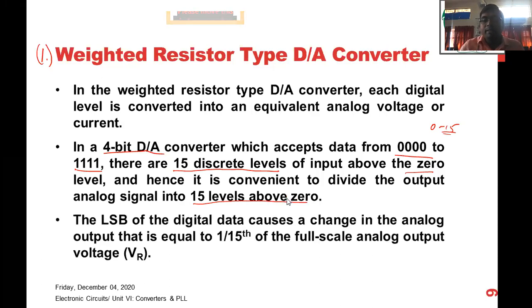The LSB of the digital data causes a change in analog output that is equal to 1/15th of the full scale analog output voltage VR. So the LSB would be VR upon 15.